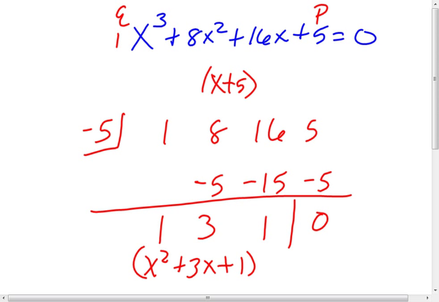And so that's where the quadratic comes in. So we would have to take our x squared plus 3x plus 1 and use the quadratic formula to determine those other 2 roots based on that quadratic. So that's the method you would use to find the other 2 roots of this polynomial.